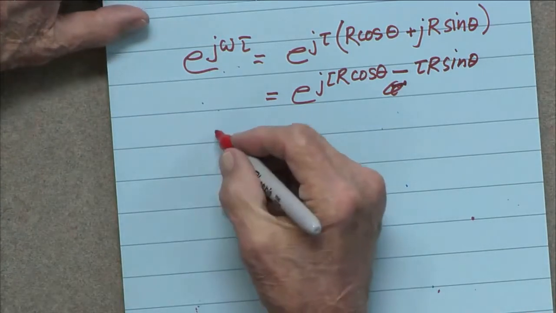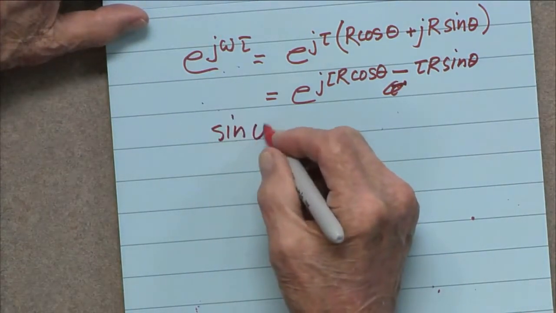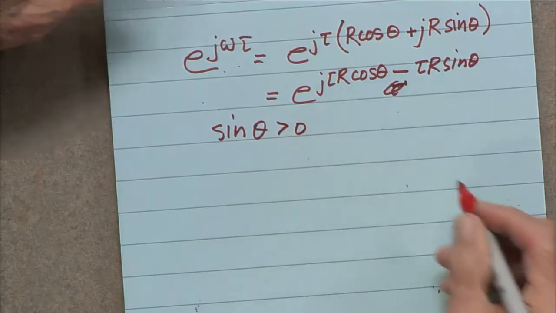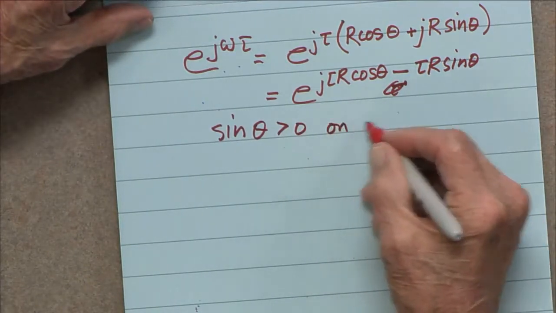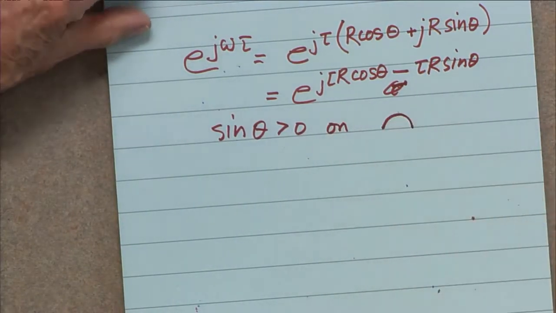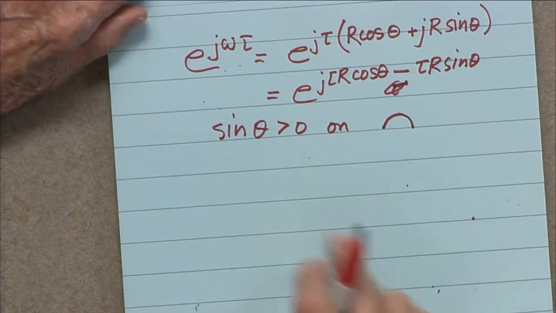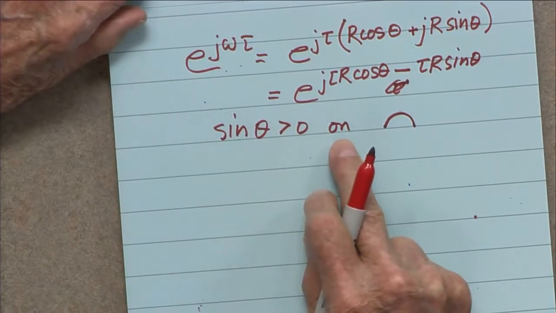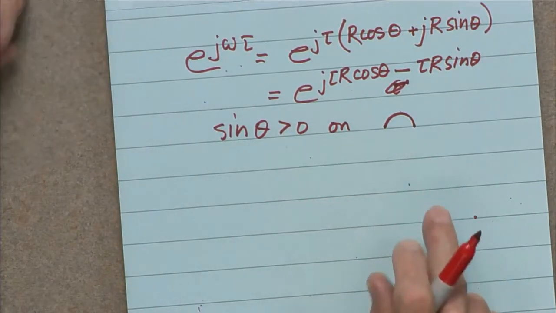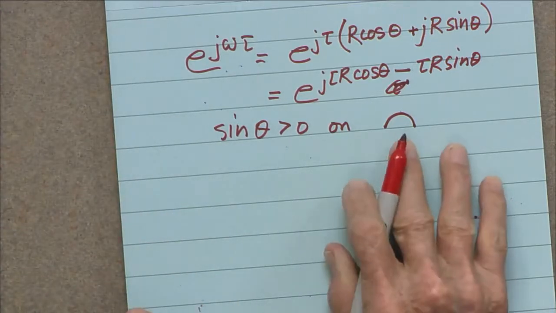Now, sine theta is always greater than 0 on that curve.